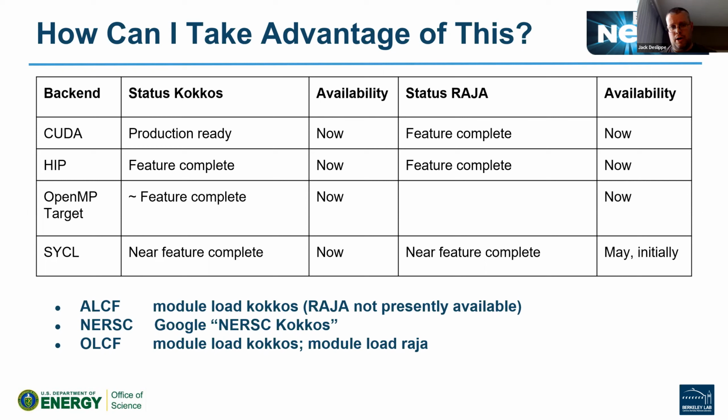So using them on all three systems, you could do, modulo Kokkos on ALCF and OLCF. And maybe I was just getting a little cheeky here, but I think the best way to read about how to use Kokkos at NERSC is to Google NERSC Kokkos. There's a number of docs on how to use it.